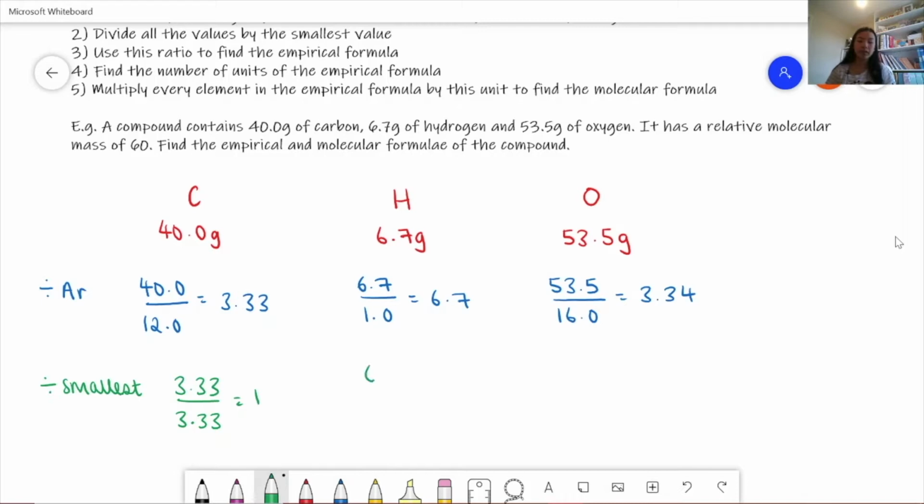Then we have 6.7 over 3.33, and then we have 3.34 over 3.33, and this gives us 1.00. It's always a good idea not to round these very much, because sometimes if it's 1.5, that is actually what we take it as, when we try to find the empirical formula.